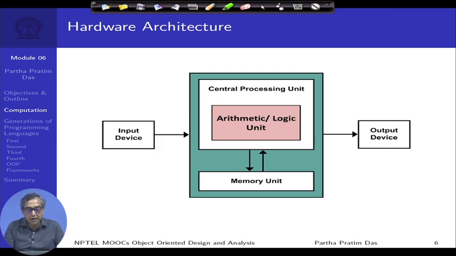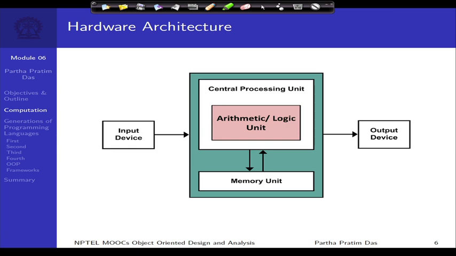And though there have been several evolutions of the computing machine, the typical hardware architecture, or the typical schematic view of the hardware system on which programs execute, continues to remain a simple von Neumann architecture, where there is a central processing unit comprising an arithmetic and logic unit doing the basic mathematical and logical operations, and along with that different control units to control the sequence of execution of instructions on the CPU. A memory unit, where temporary values, variables can be stored.